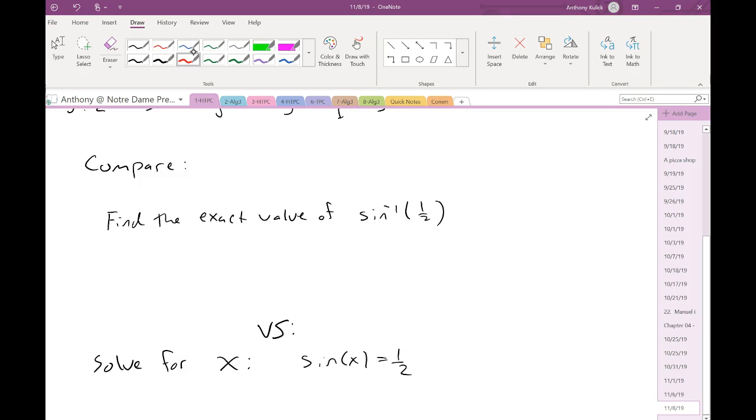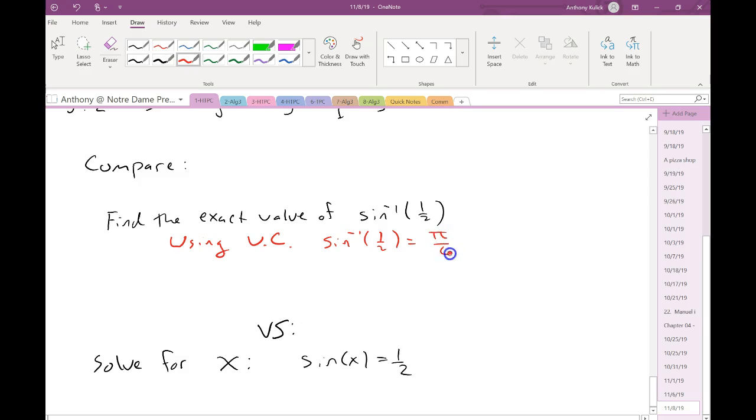If you use the unit circle, you'd find that sine inverse of 1/2 is equal to pi over 6 or 5 pi over 6, correct?